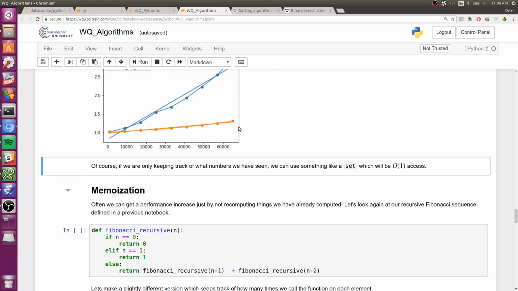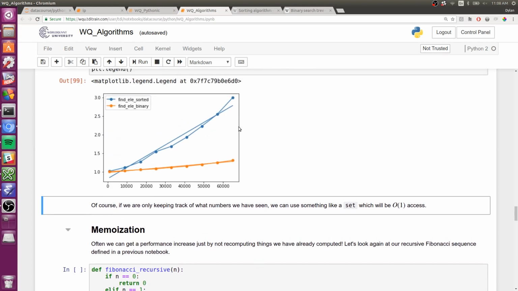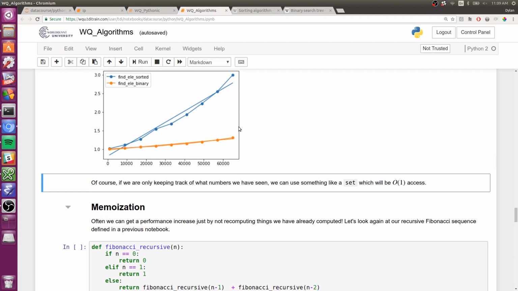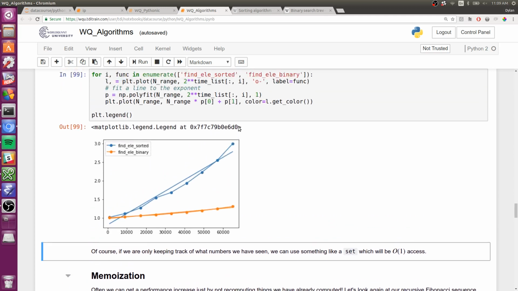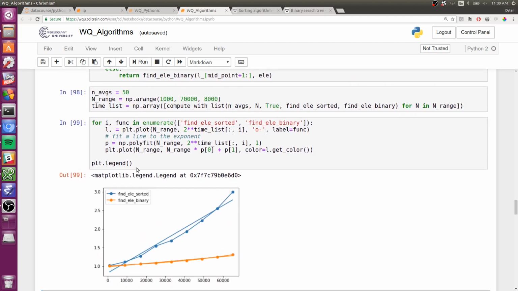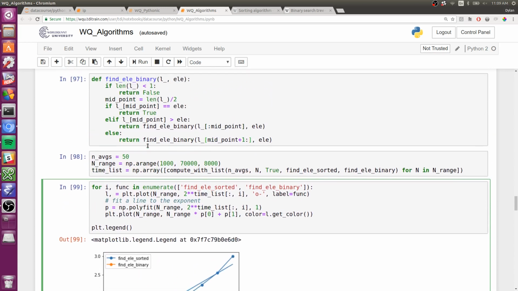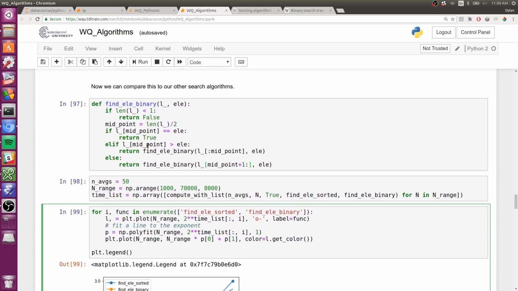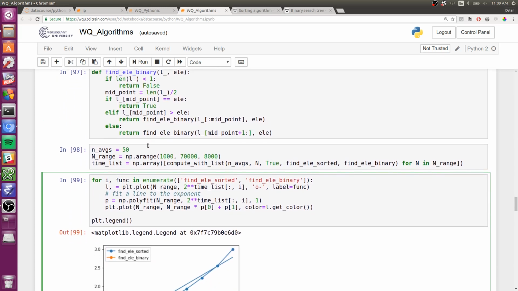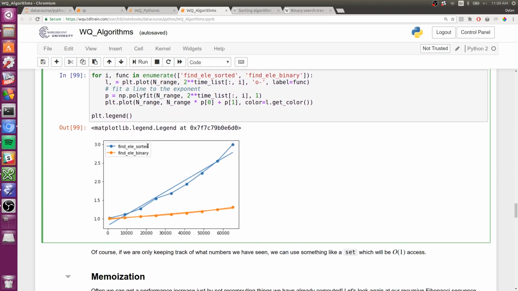There are additional techniques other than just coming up with better algorithms for improving time complexity.